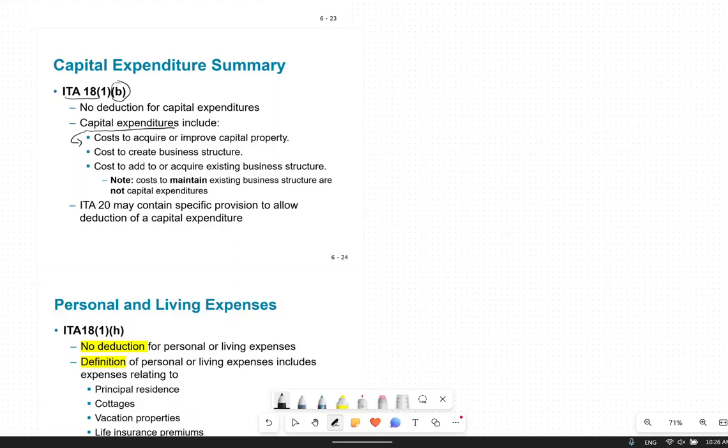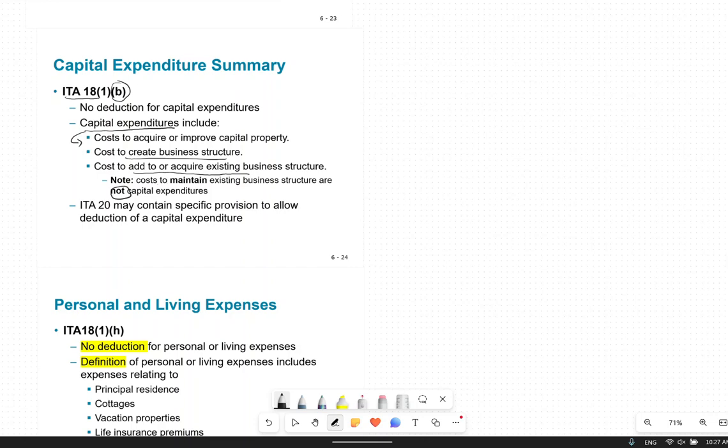The cost to acquire or improve a capital property, cost to create a business structure, cost to add and acquire an existing business. Note, cost to maintain an existing business structure is not a capital expenditure.